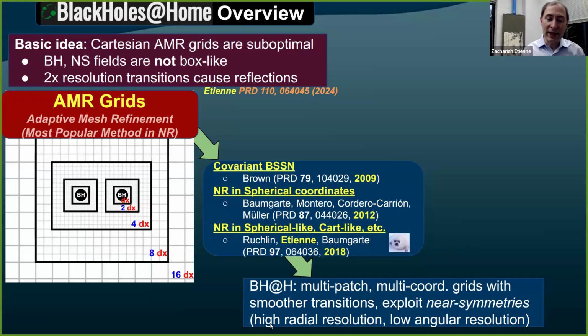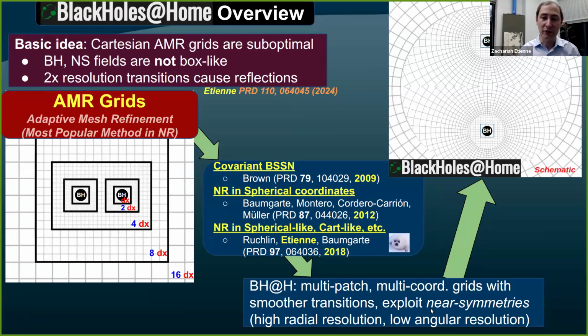In other words, where things are nearly spherically symmetric, you have high radial resolution and low angular resolution. By doing this way, you are then able to battle the curse of dimensionality directly. And when you tackle that issue specifically, buckle up, because it's going to be a potentially huge reduction in computational cost.